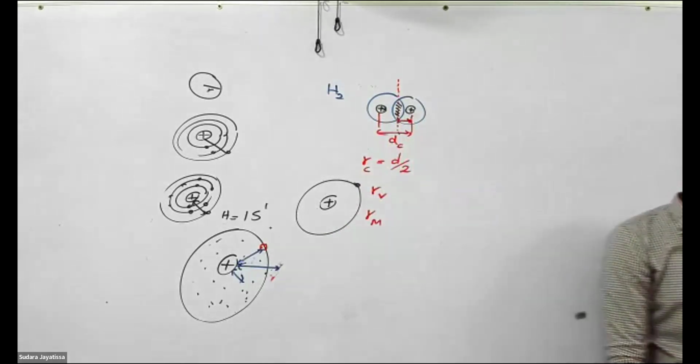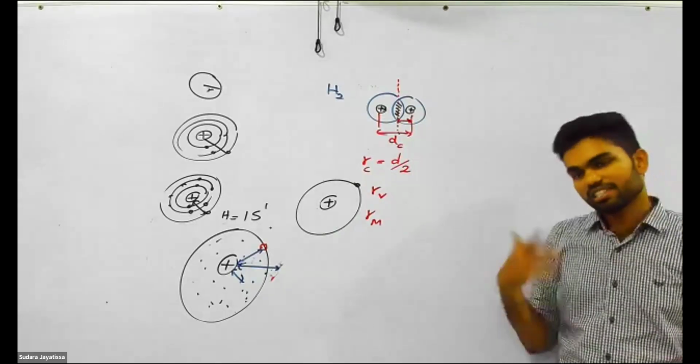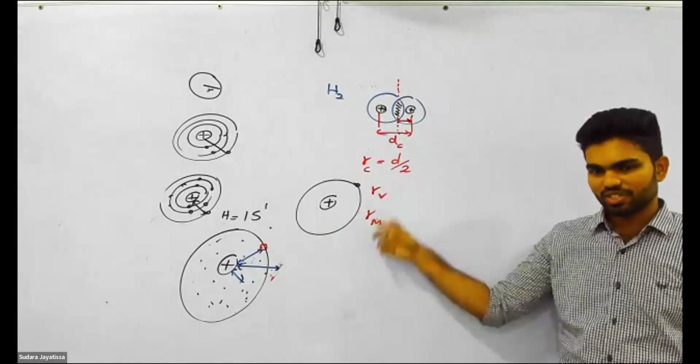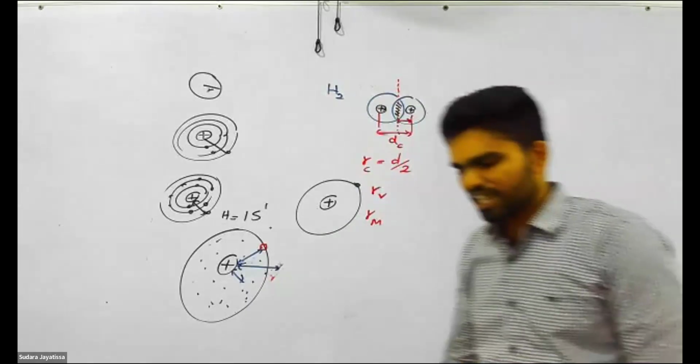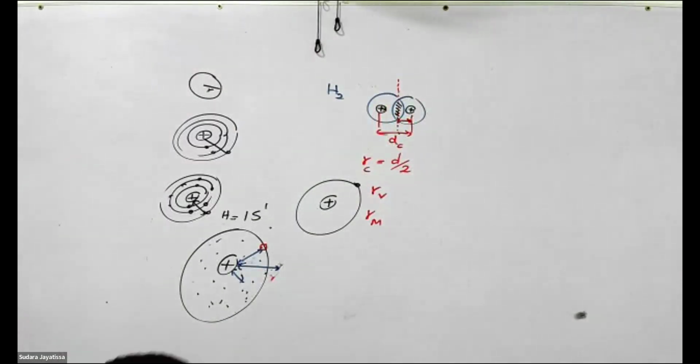Then we get the covalent radius. And for those who don't make any bond, there's another method. We wait until it makes some sort of attraction, measure the distance between two nuclei and divide it by 2. It's true that an atom has no boundary.